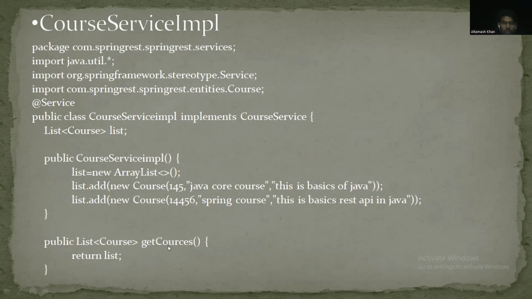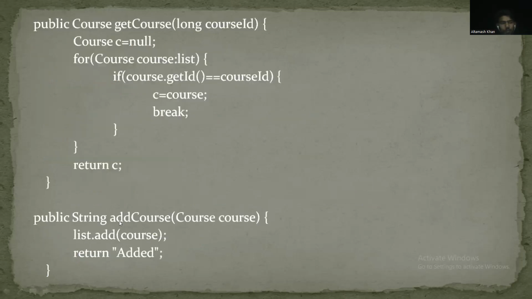And here is the get courses method I am talking about. This method just returns the list and nothing else. And then again, the get course method. In this method, first I have made a temporary course C, which is null, and then we search in the list using a for each loop, and if the ID matches the course ID, then it will assign that course to C, break the loop and return C, so that we will get the course.